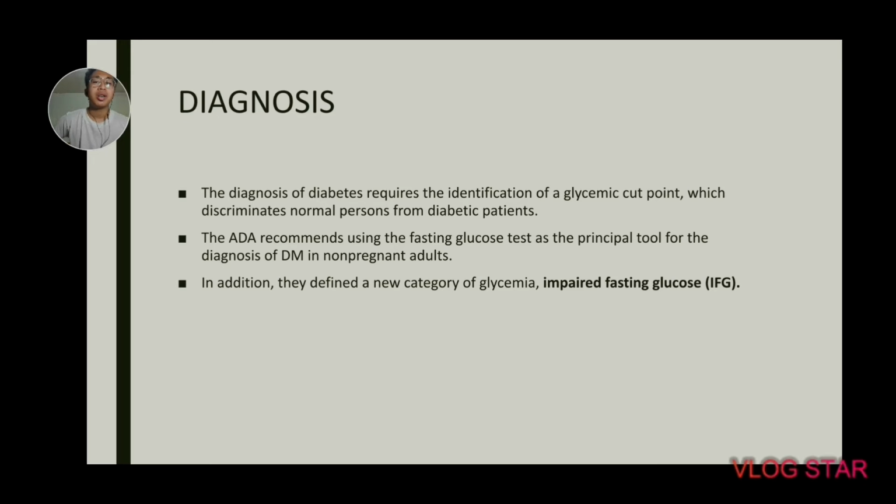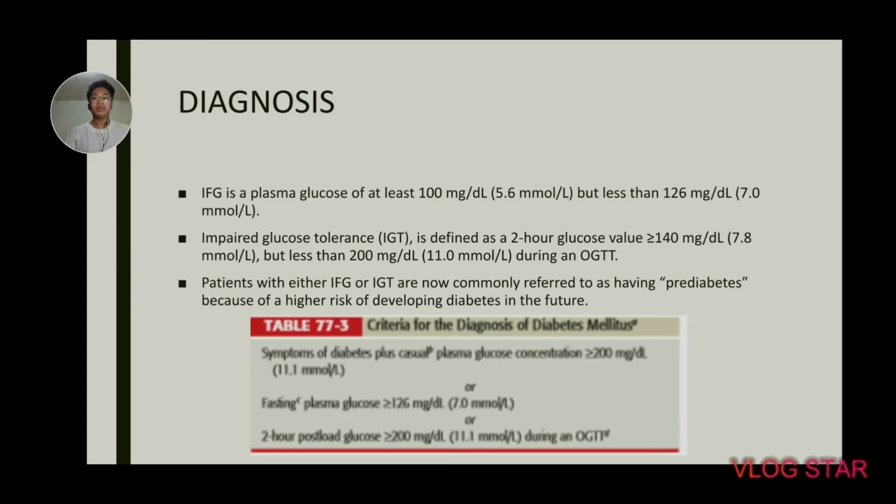Next is your diagnosis. The diagnosis of diabetes requires the identification of a glycemic cut point, which discriminates normal persons from diabetic patients. The ADA recommends using the fasting glucose test, or FGT, as the principal tool for the diagnosis of DM in non-pregnant patients. In addition, they defined a new category of glycemia, known as impaired fasting glucose, or IFG.